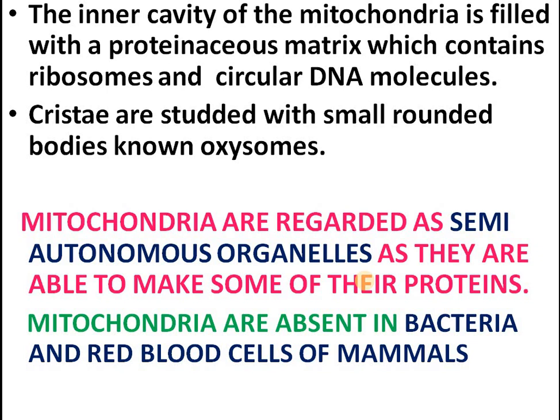That is, they have power to divide, and they also produce some of their proteins. Mitochondria are absent in bacteria and red blood cells of the mammals. Means these are the organisms or the cells where mitochondria are absent.